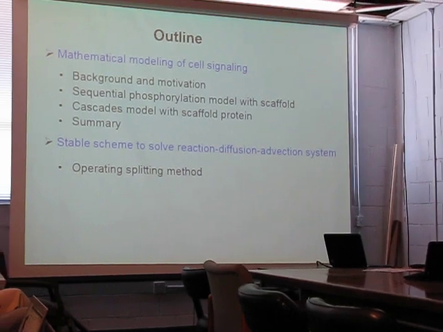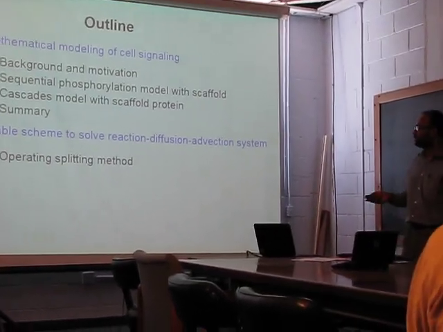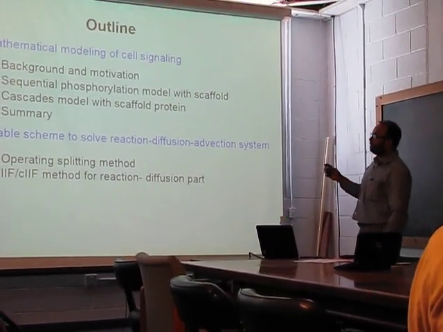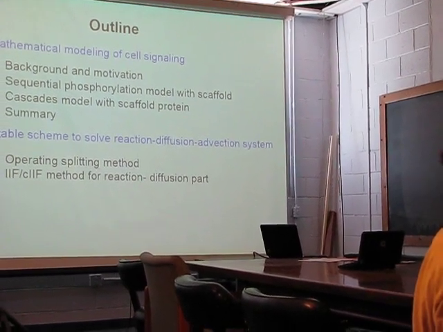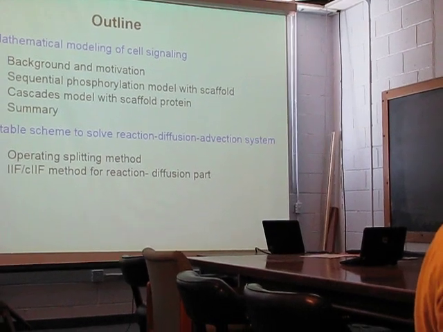For this, we have used the operator splitting method. I will explain the operator splitting method. For the operator splitting method, we'll break the model into two different parts. One is the reaction diffusion part, one is the advection part.